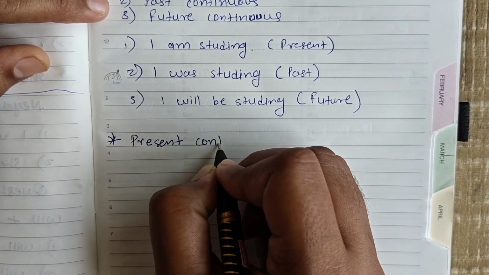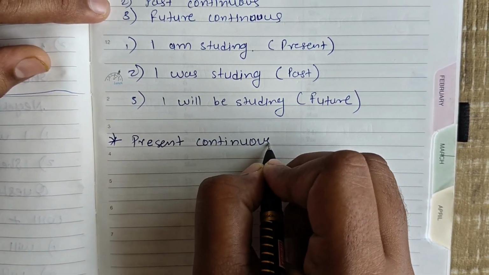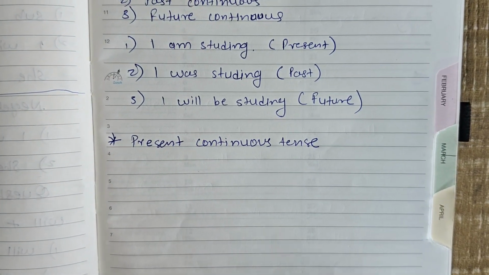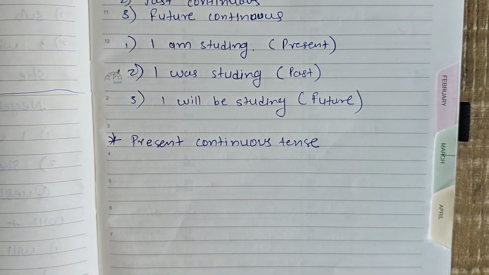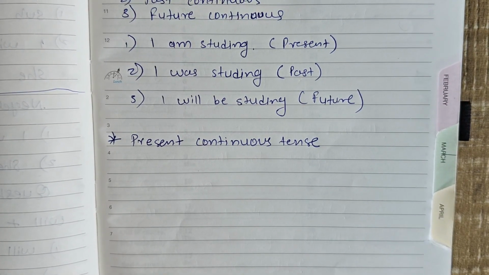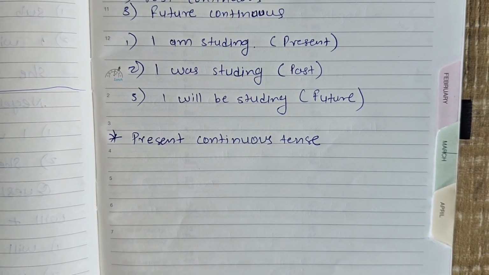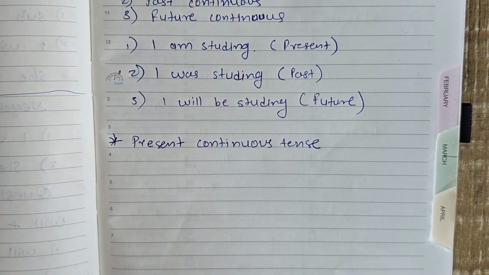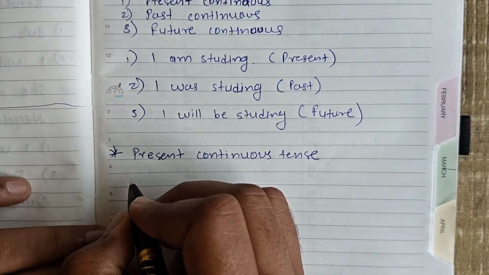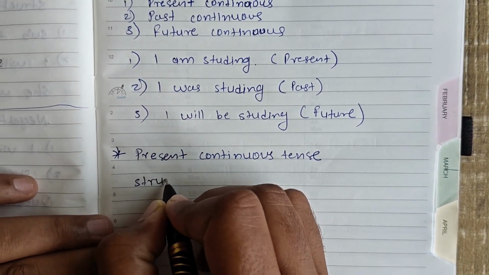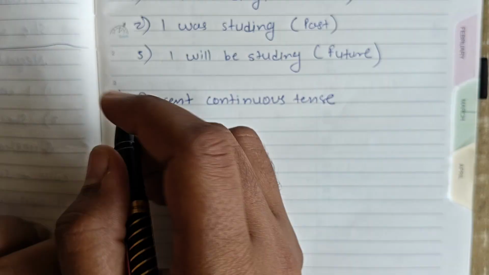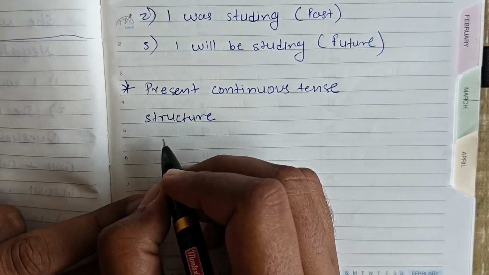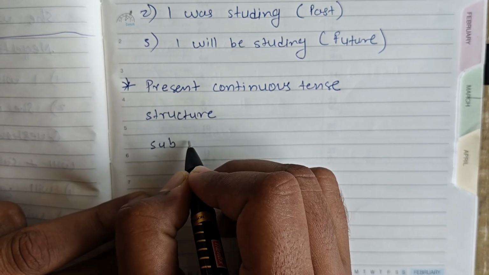Present continuous tense. This is used for actions happening right now, in the present moment, which action is ongoing. Okay, let's discuss the structure. First comes subject, plus then am, is, are.